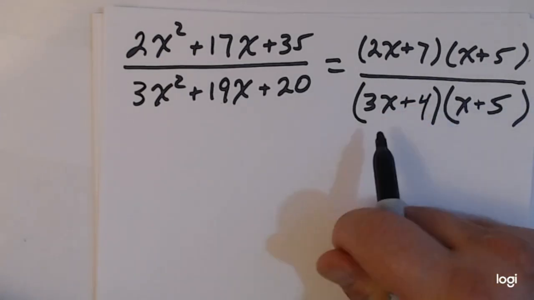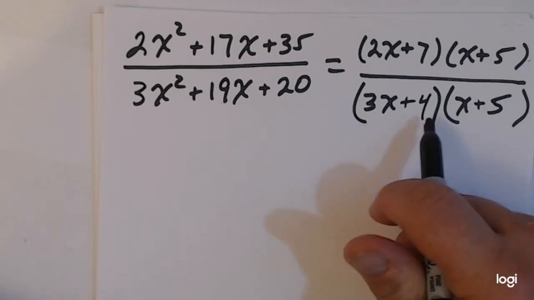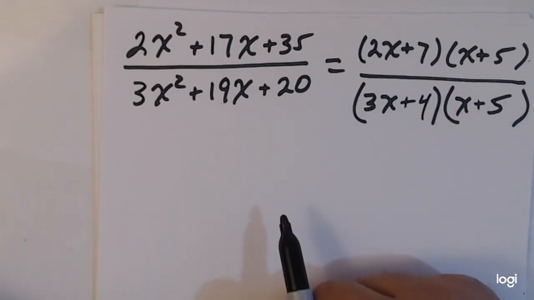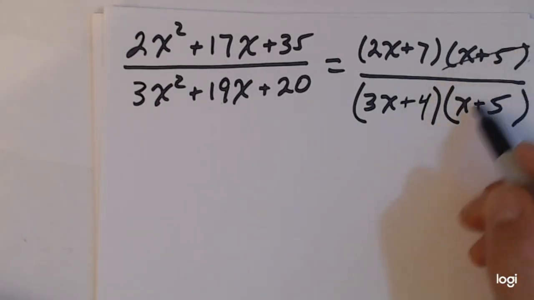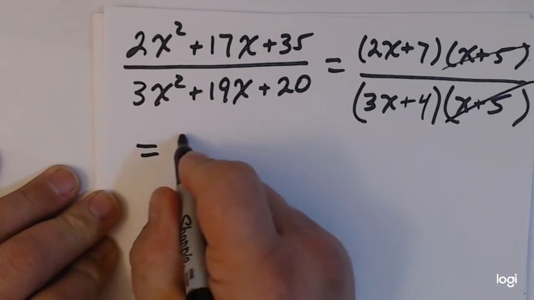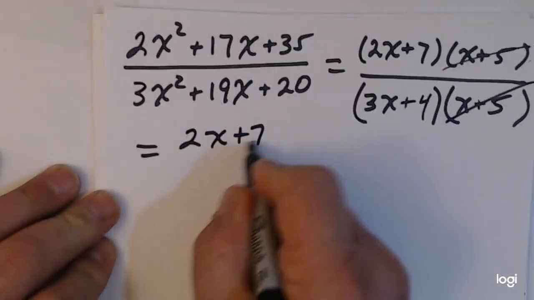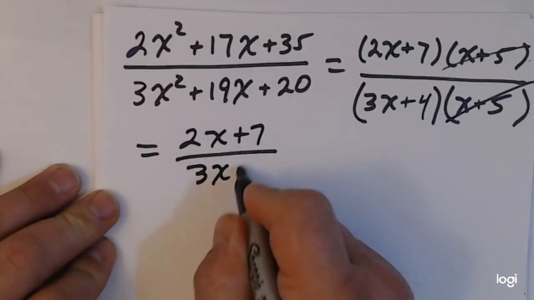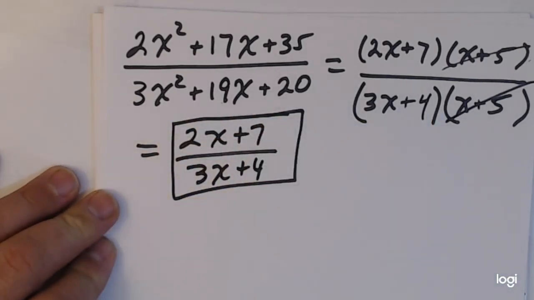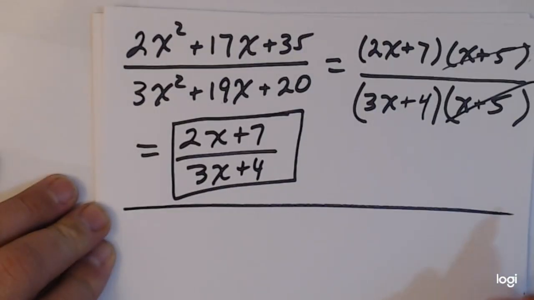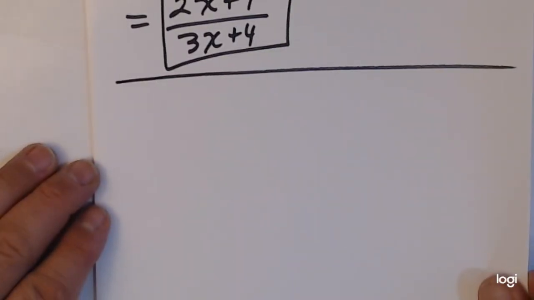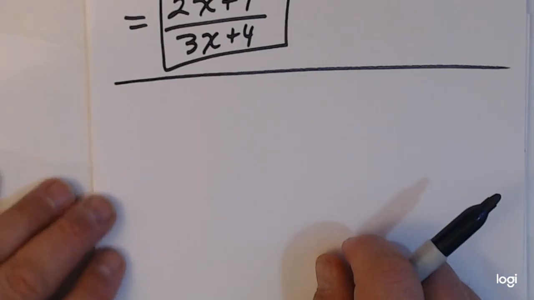So that gives us 3x squared plus 15 plus 4 is plus 19x plus 20. We're good to go. The x plus 5s go out. And that leaves us with 2x plus 7 over 3x plus 4. Not so bad. Looked awful at first, but not so bad.